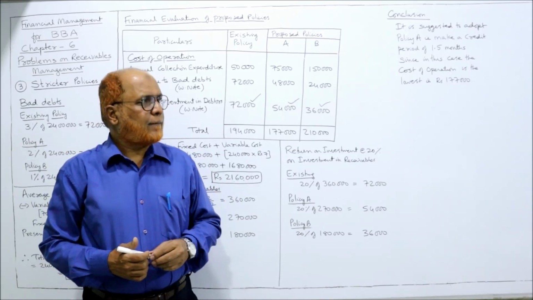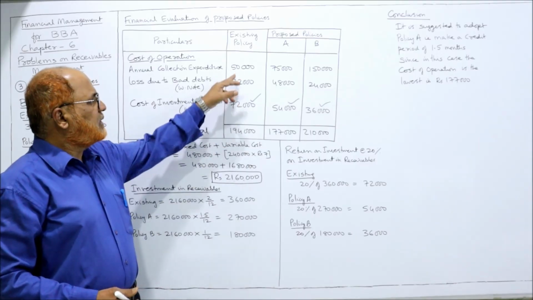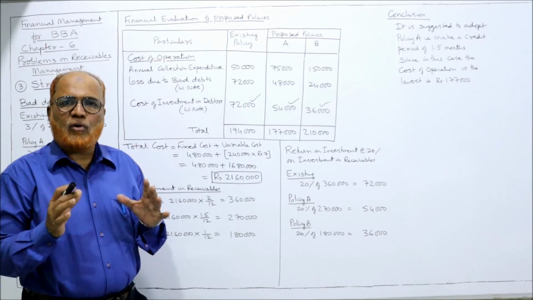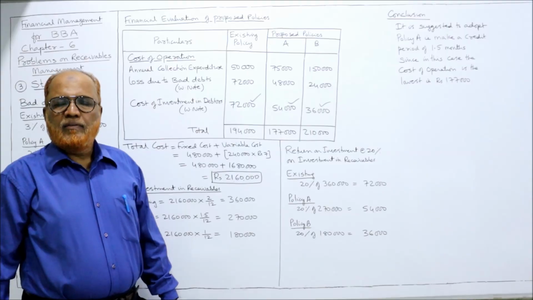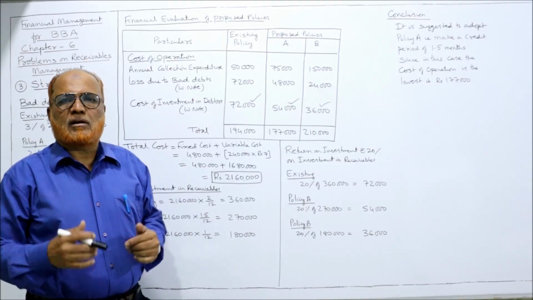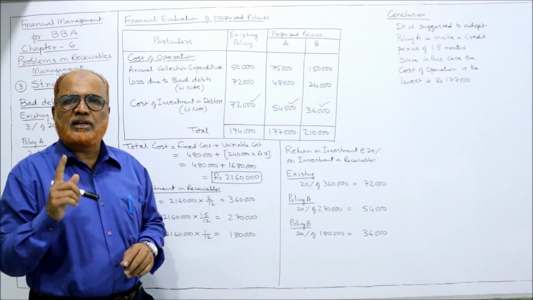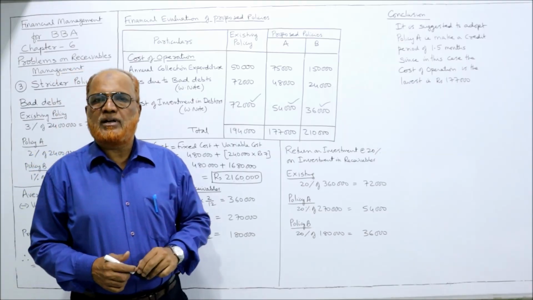Now we find out what is the total cost. So add up these 3, 1,94,000 is the total cost of operation in the present existing policy. That means when we give 2 months credit period to customers, our cost of operation is 1,94,000 in 1 year. Whereas in A policy, it comes to 1,77,000.